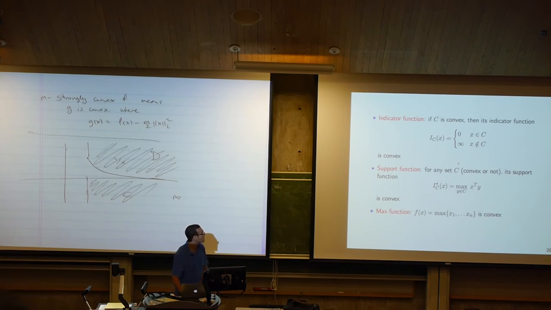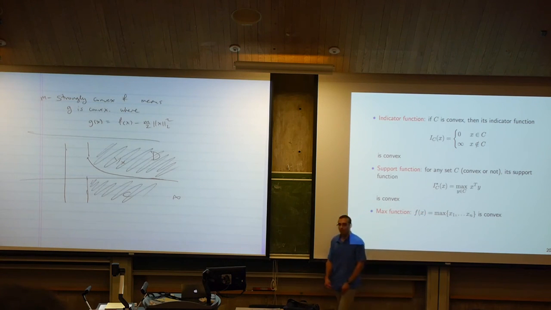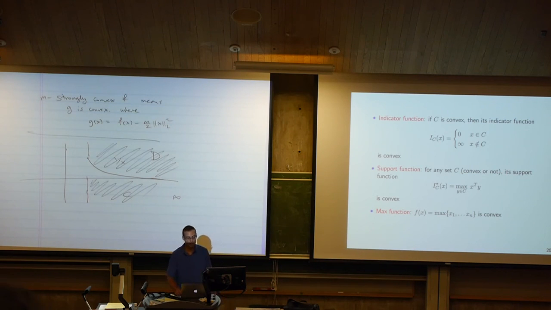It's very important in relation to the indicator function. I denote it by I star of C. That'll become clear later why we use this notation. And I'll let you check that that's convex based on the definition. That's convex no matter if C is convex or not. It's the maximum inner product I can make with x over all vectors in a set C.